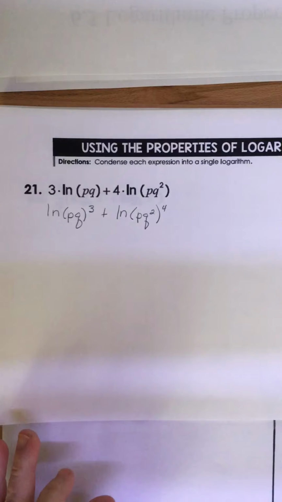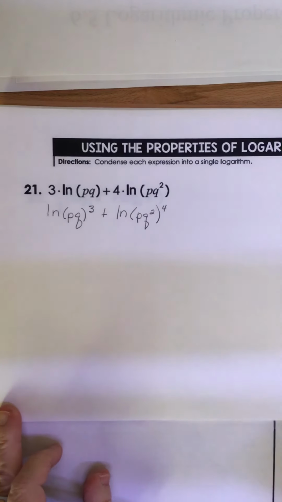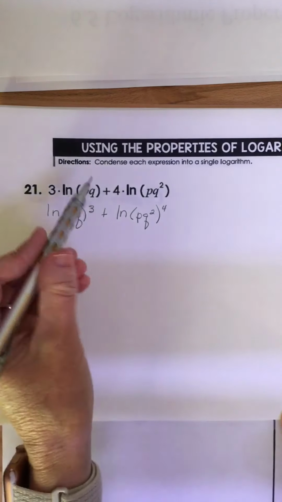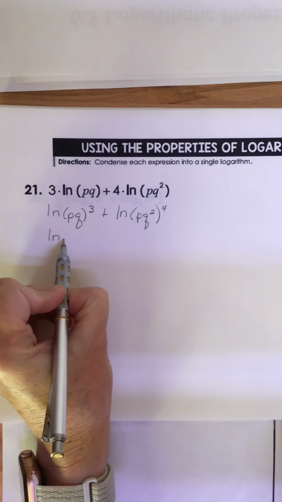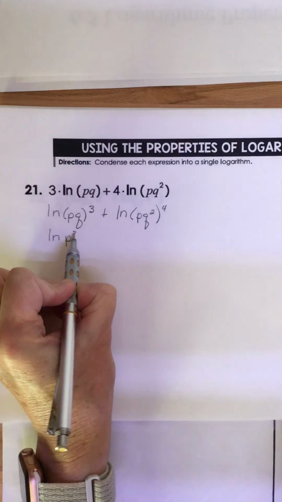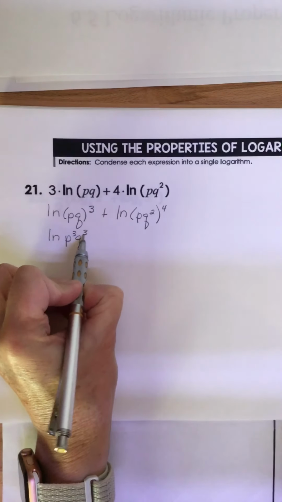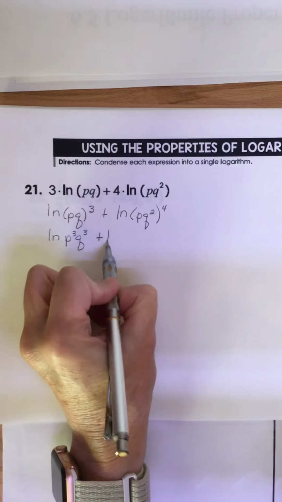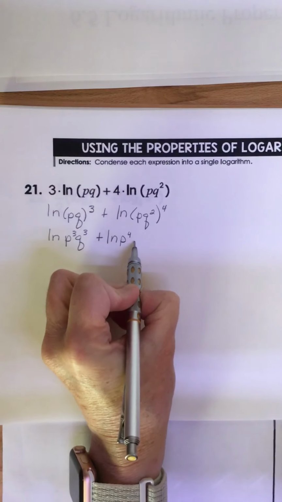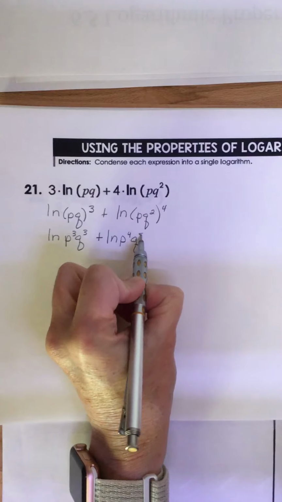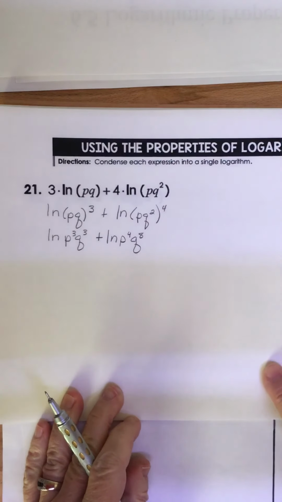And again, I'm going to refer to the 6.48 video where you look at those rules of exponents, okay? So this would be natural log of PQ cubed plus natural log of P to the 4th power Q to the 8th power.